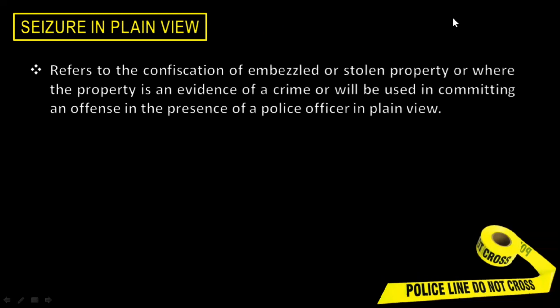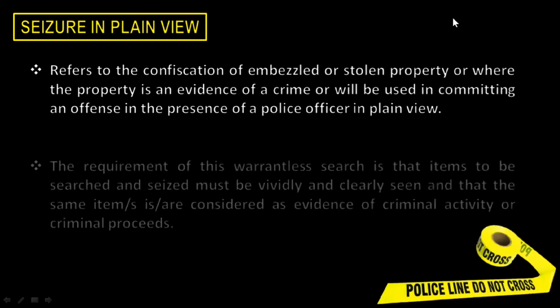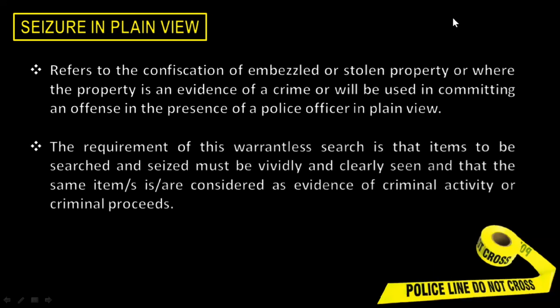So this refers to the confiscation of embezzled or stolen property, or where the property is evidence of a crime or will be used in committing an offense in the presence of a police officer in plain view. So objects that are illegal, or even if not particularly prescribed in the search warrant, may be seized under the plain view doctrine.